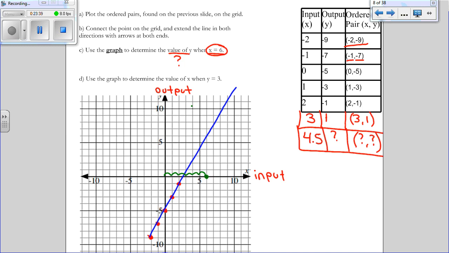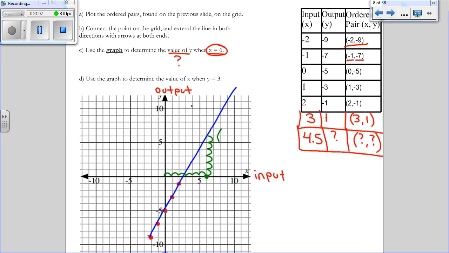That's what output is: height, so either high or low. So if I went 6 to the right, how much further up do I have to go to get to my graph? And the answer is, that's 6. 6 to the right would give me 6 up.